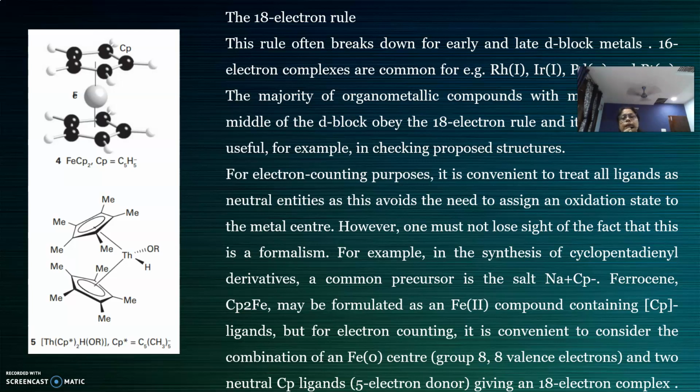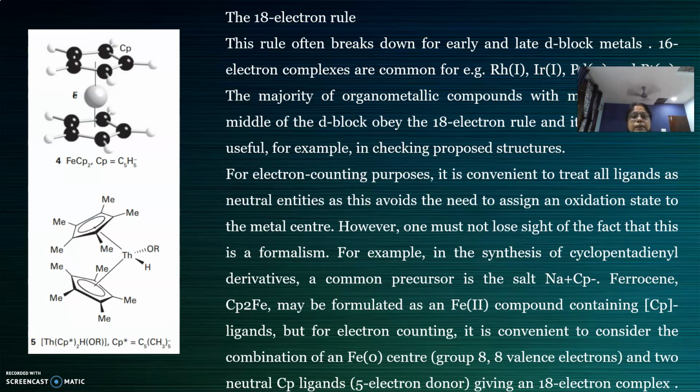So the rule is called the 18 electron rule. That means an organometallic will be highly stable if it has 18 electrons on the central metal atom, and these electrons are the total valence electrons present on the metal itself, as well as the electrons donated to it by the different types of ligands.